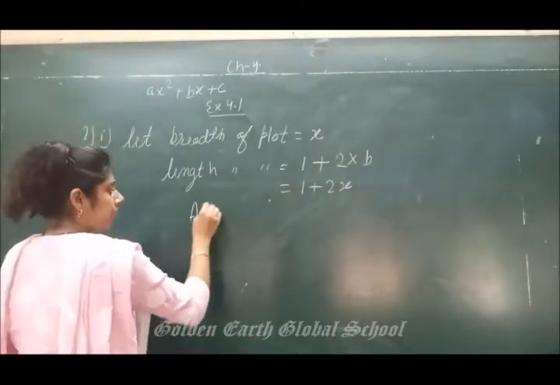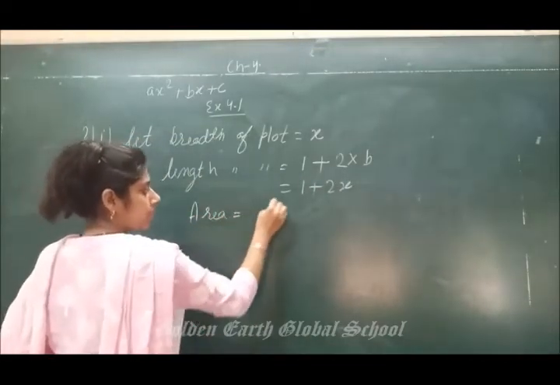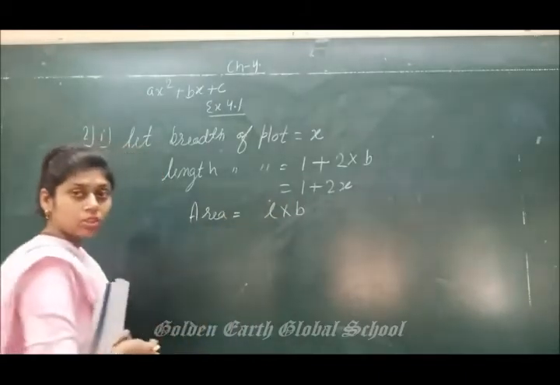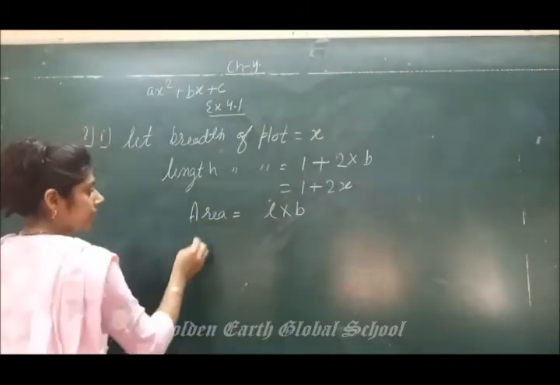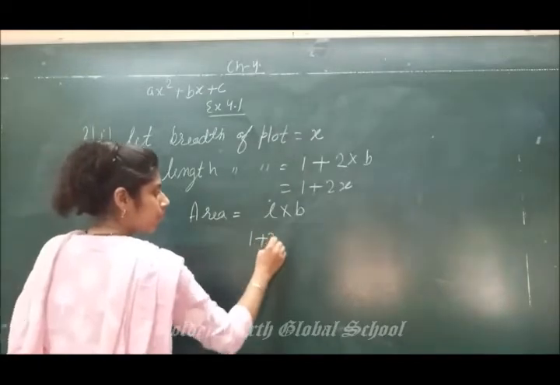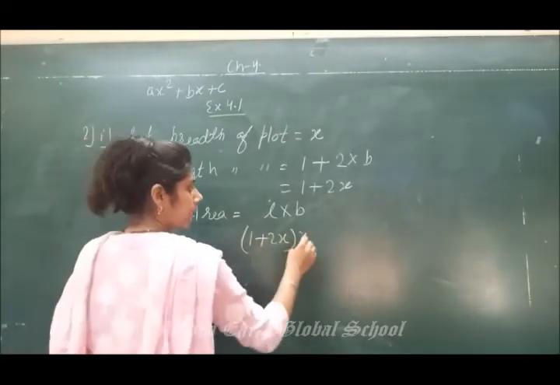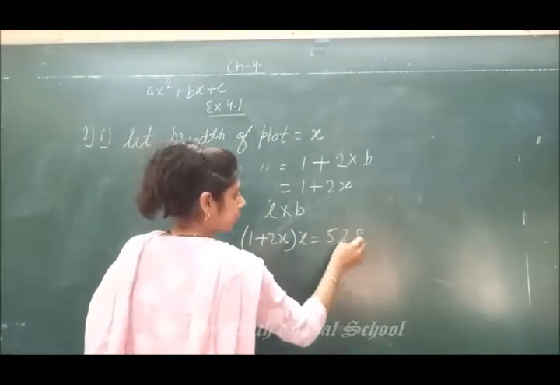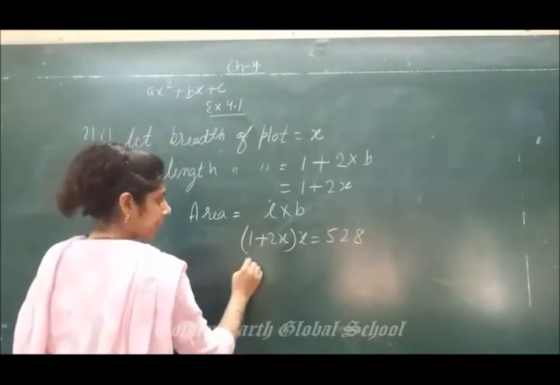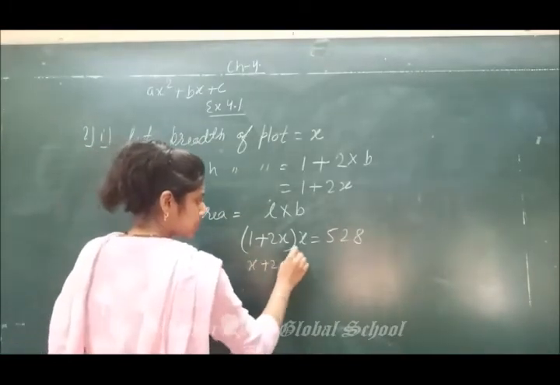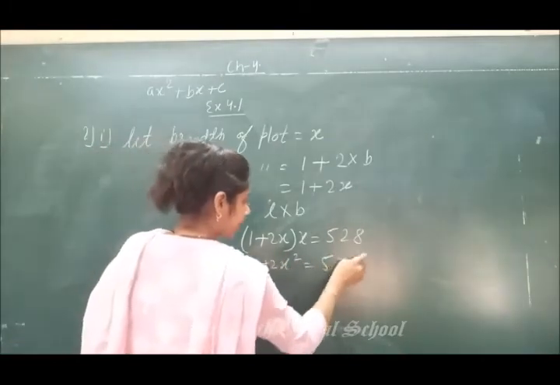Now area of rectangle is equal to length into breadth. So now put the values. Length is 1 plus 2x, breadth is only x, and area is 528. Simplify it. x plus 2x square is equal to 528.